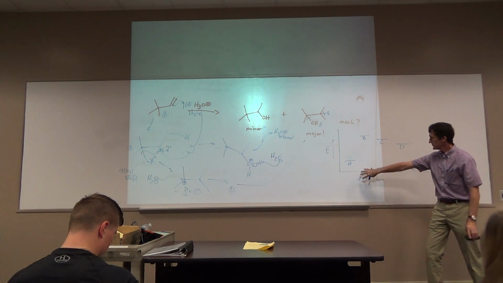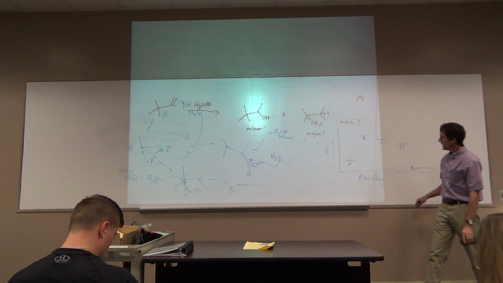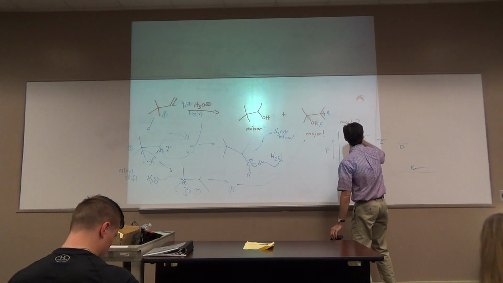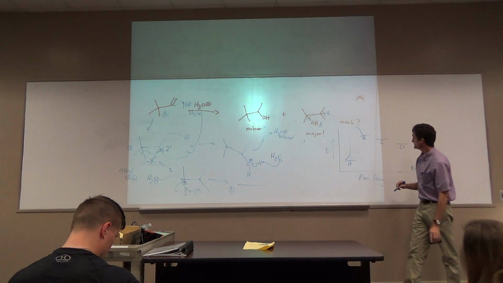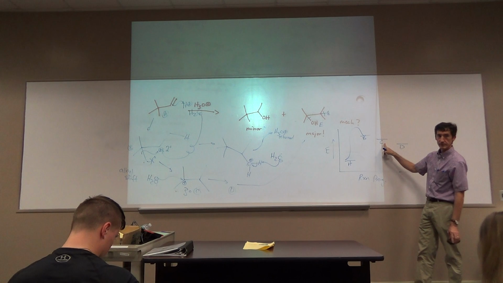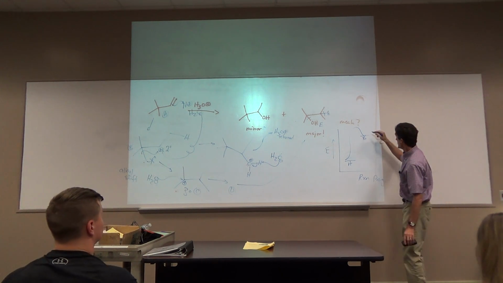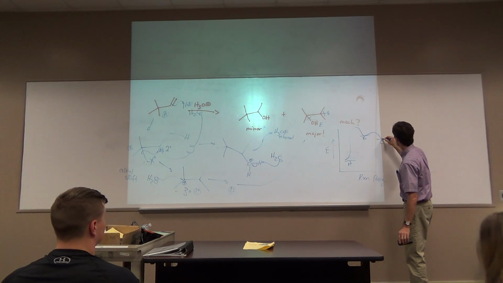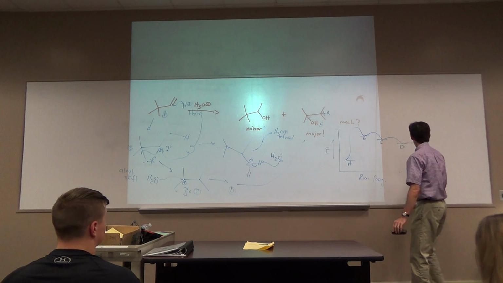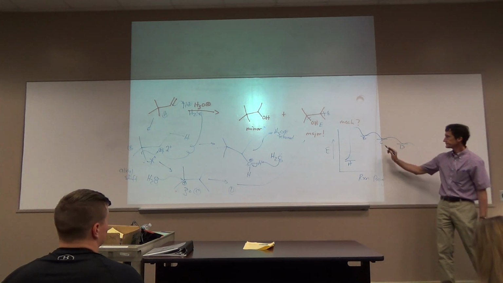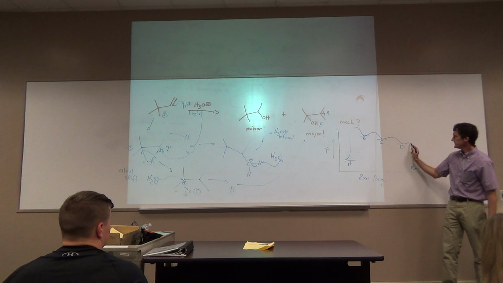Here's your progress. It goes A, B, C, D, and then E. Okay, how do we get there? Something like this. Now, from here, we're starting to fall downhill. It's not going to take much energy to fall downhill. A little bit of activation energy for each.